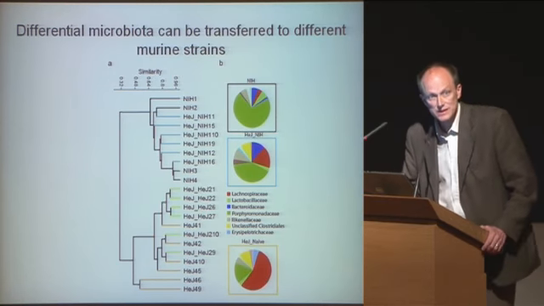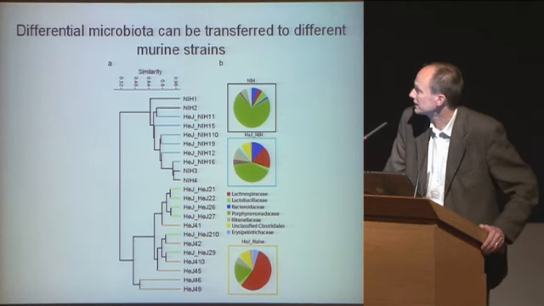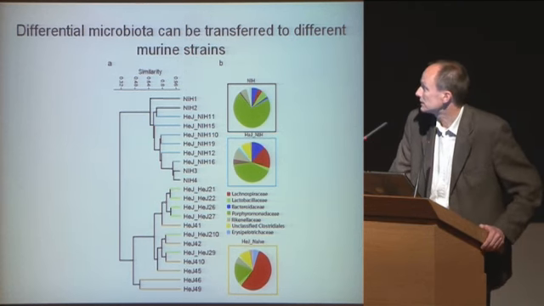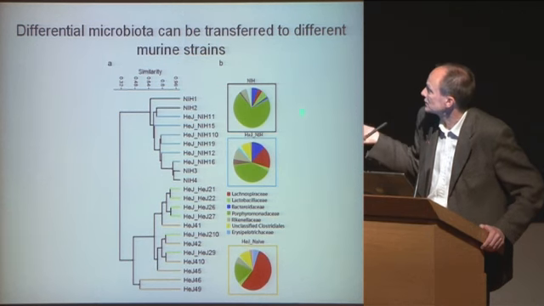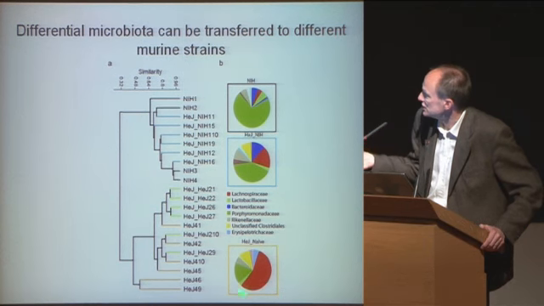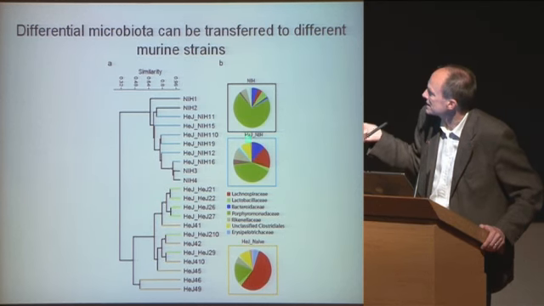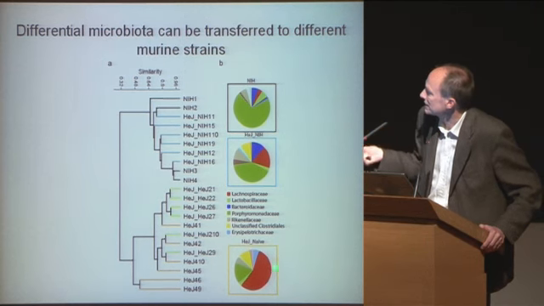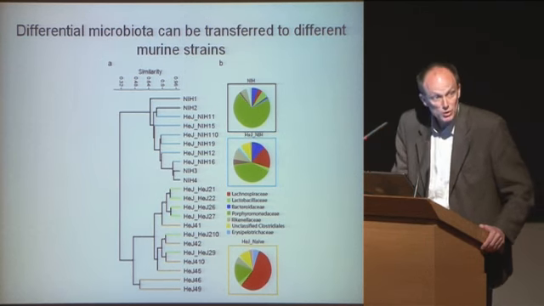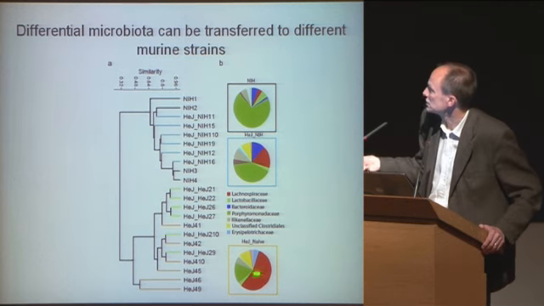And what we found is that, yes, indeed, you can really drastically shift the feces with these fecal transfer experiments. This is what the NIH mouse distribution looks like. This is what the HEJ looks like. And if you reconstitute this HEJ mouse with the NIH feces, you can make it look more like an NIH mouse than the HEJ itself. It's not perfect, obviously, but we've really drastically shifted it.